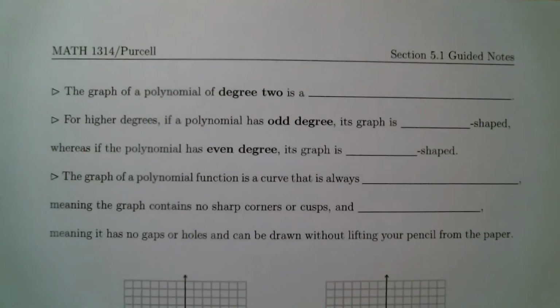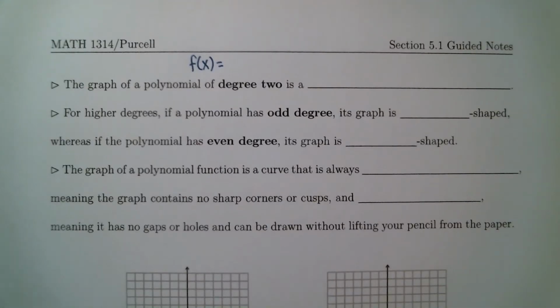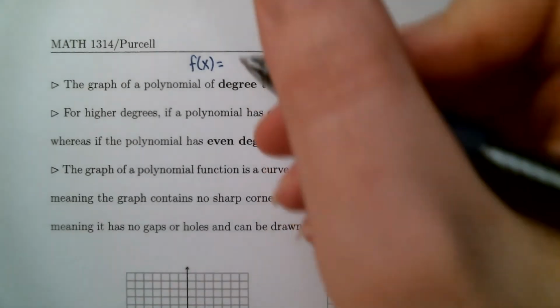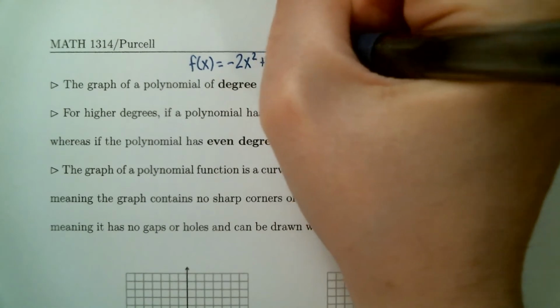All right, next page. What does degree 2 look like? If you're trying to figure out what the polynomial of degree 2 looks like, just make up something of degree 2. So use your f of x notation. Degree 2 means the highest power of x is 2, so we might have f of x equals negative 2x squared plus 3x minus 4.